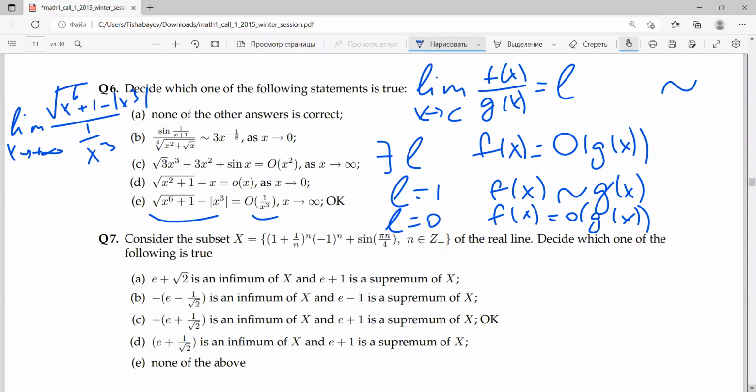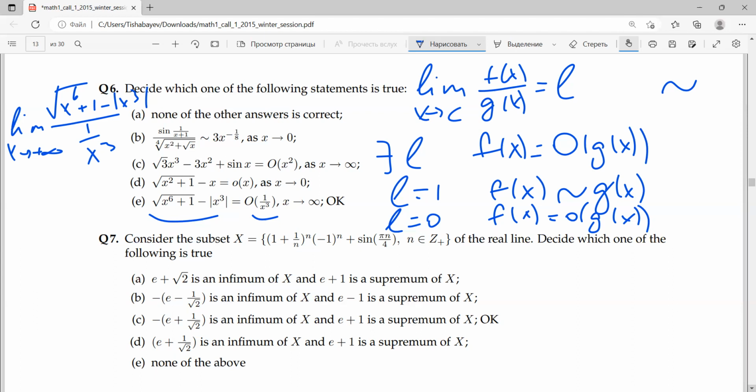If you put infinity, you get 0 over 0, yes? And what should we do here? We can divide by the greatest power. It will be x cubed. Each of them we can divide by x cubed.